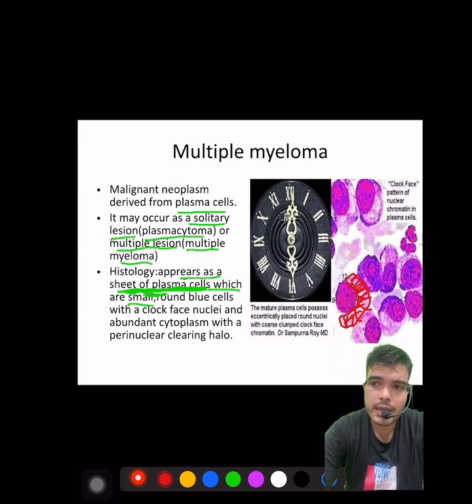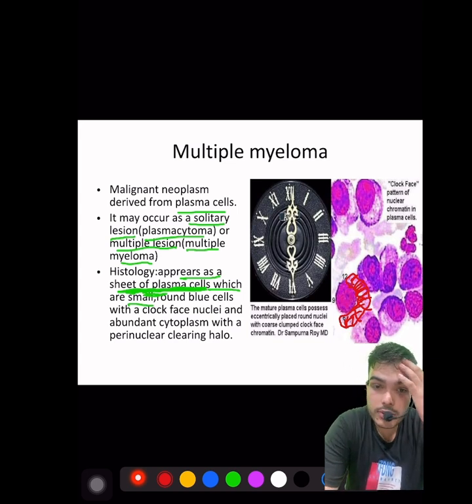See, because of the extra amount of tumor cells in the bone, there might be impingement of your nerves, because of which there will be peripheral neuropathy. Hypercalcemia and then renal failure may be present at the time of diagnosis. Why hypercalcemia? Of course, the remodeling of the bone will be high in this case, right?